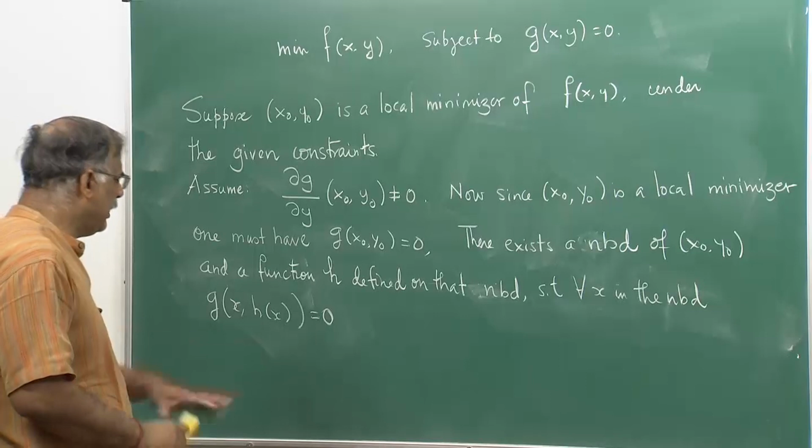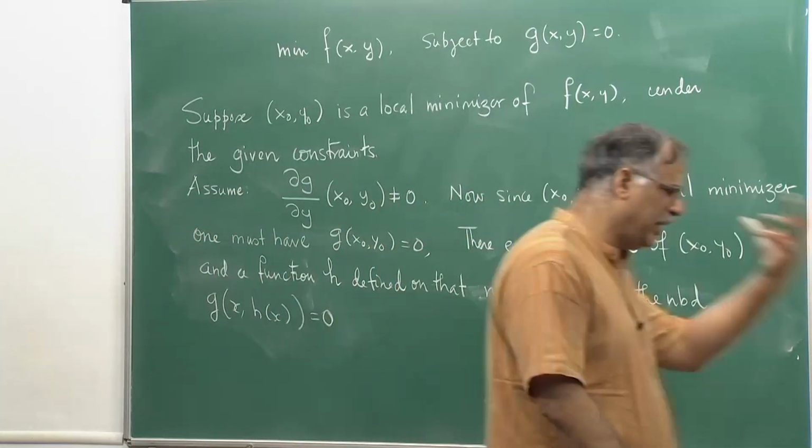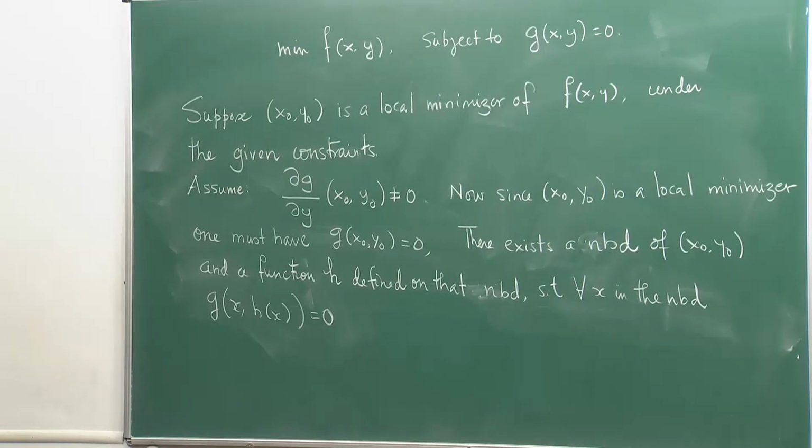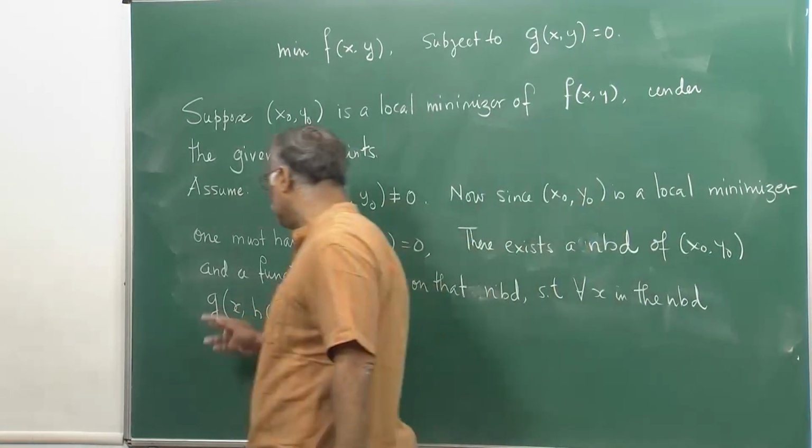So basically in that neighborhood y is expressed as y equal to h of x. So the function has an explicit representation in that given neighborhood.